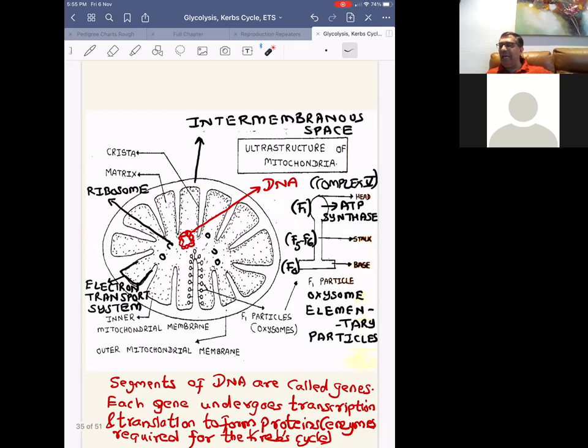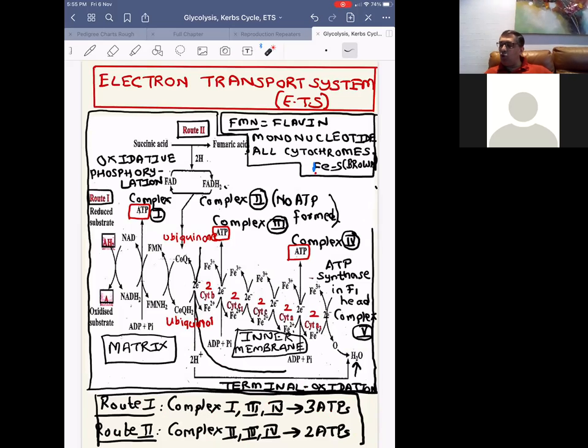Now, more diagrammatically, where had hydrogen gone from?